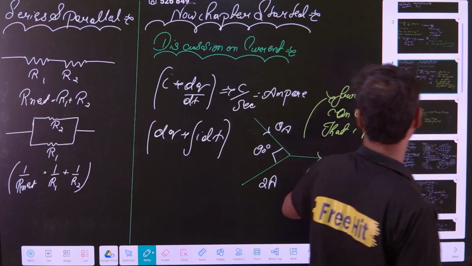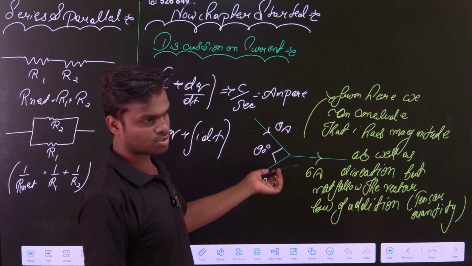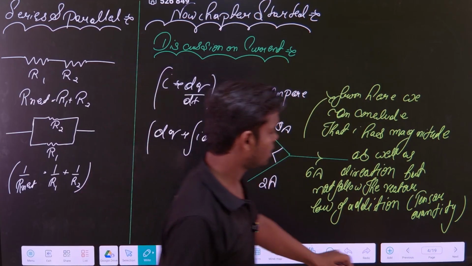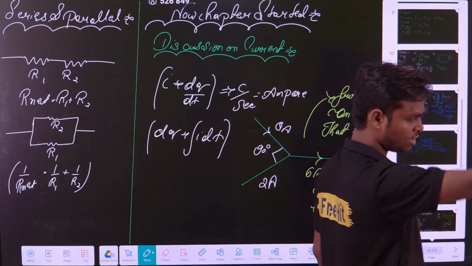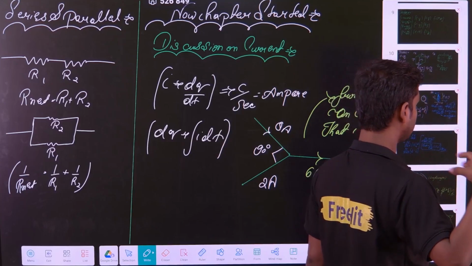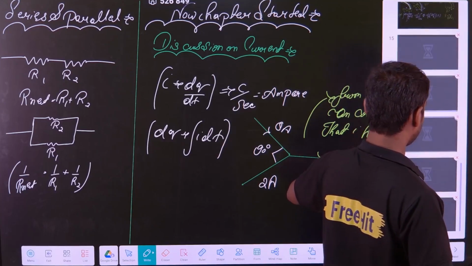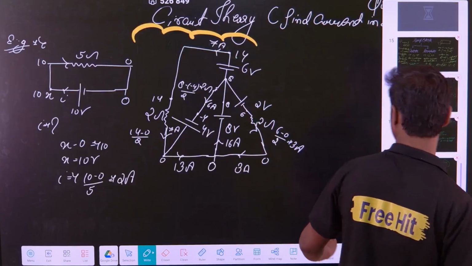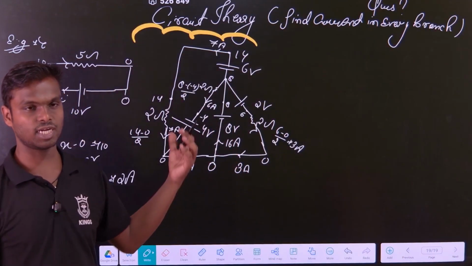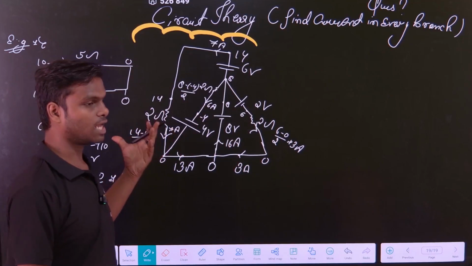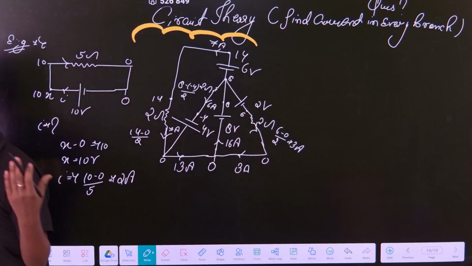This concept you apply and you can calculate. If 2 ampere is coming from here, 3 ampere is going here, that means 5 ampere is coming from here. That is a normal calculation. So from there you can directly write the current. Are you getting my point? This is the first example I have taken. I hope you understand the thing.